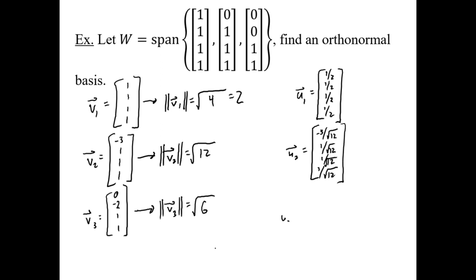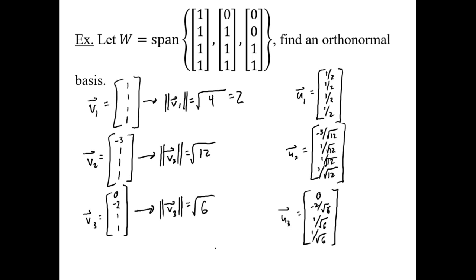And on my third vector, divide everything by radical 6. So 0, negative 2 over root 6, 1 over root 6, 1 over root 6. So now we have not only an orthogonal basis, but an orthonormal basis. And I think so far the only thing we found where that was useful was that whole U times U transpose that we had earlier in this lesson.